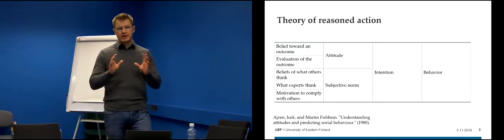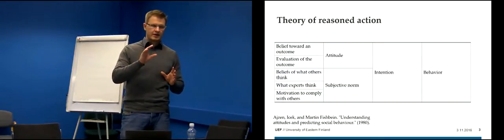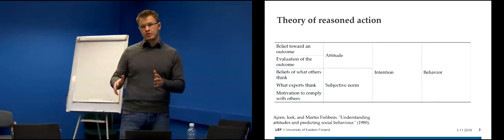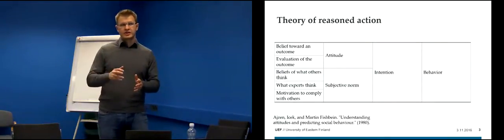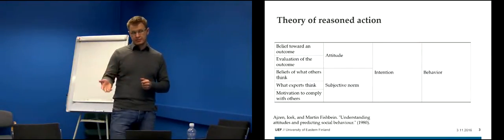But this is a really basic model that says that if you intend to buy something, you are more likely to buy it, and your intention depends on your attitude towards something, for example a product or a brand, and subjective norm.